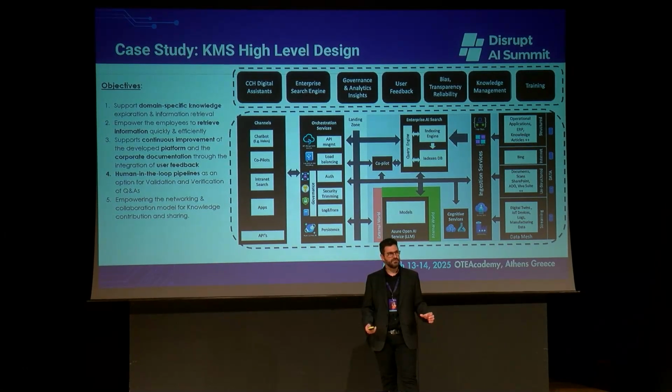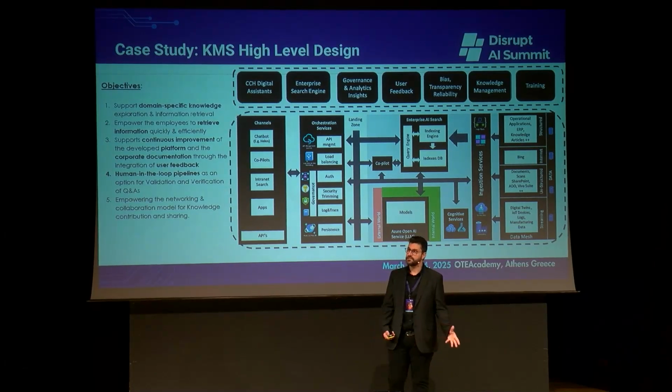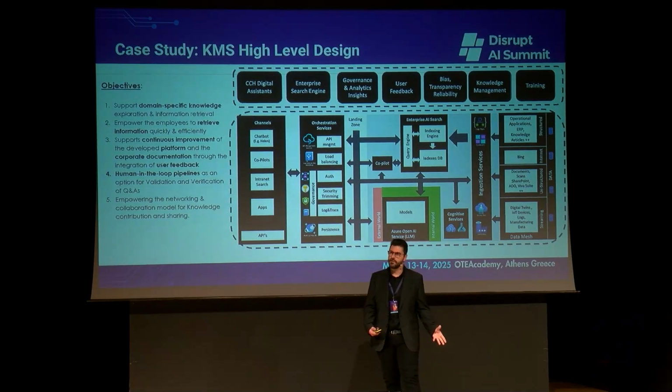We also have a mechanism to tag those Q&As as verified or not verified by the owner. So we are increasing the trust of the system by showing the end user that this response has been verified by a human. This shows us that we increase the trust of the users in the system a lot.